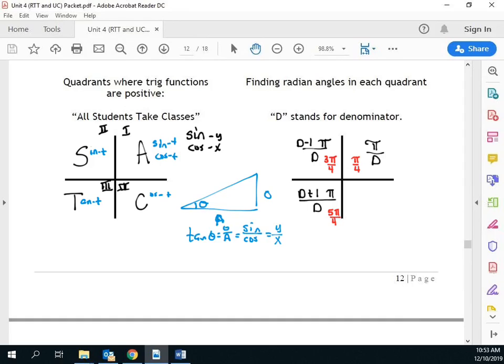It's a little bit lengthier, but it's double the denominator and subtract 1. So you're looking at 7 pi over 4. The red is your example. So if pi over 4 in the second quadrant ends up being 3 pi over 4, in the third quadrant it is 5 pi over 4, and finally the last quadrant is 7 pi over 4 because it's double.